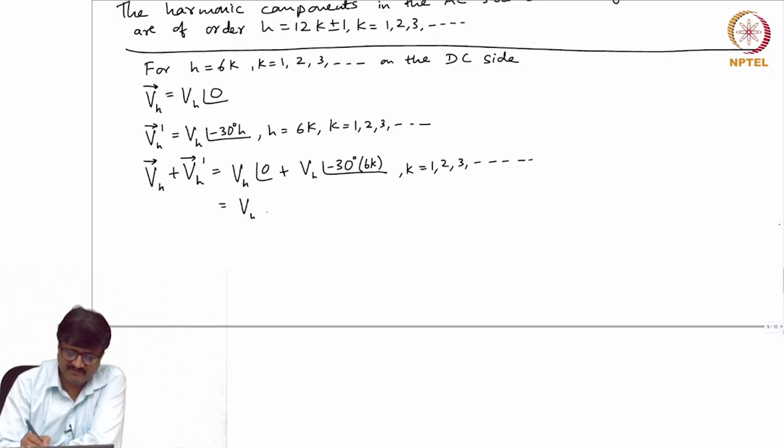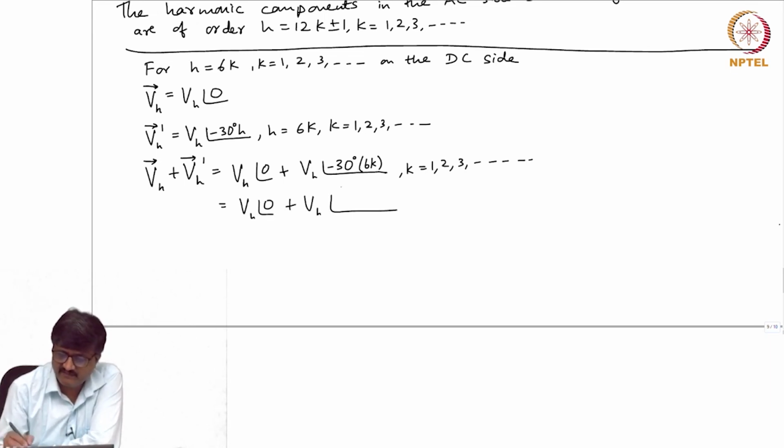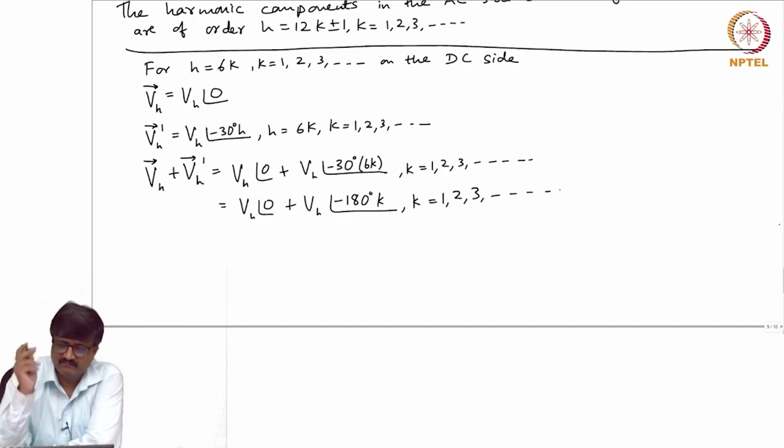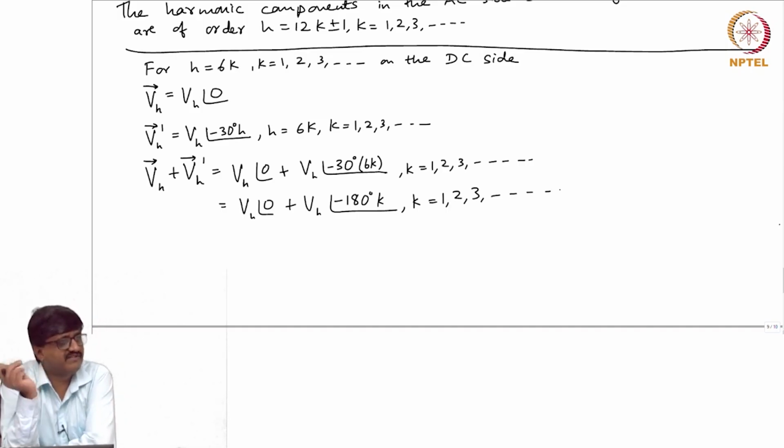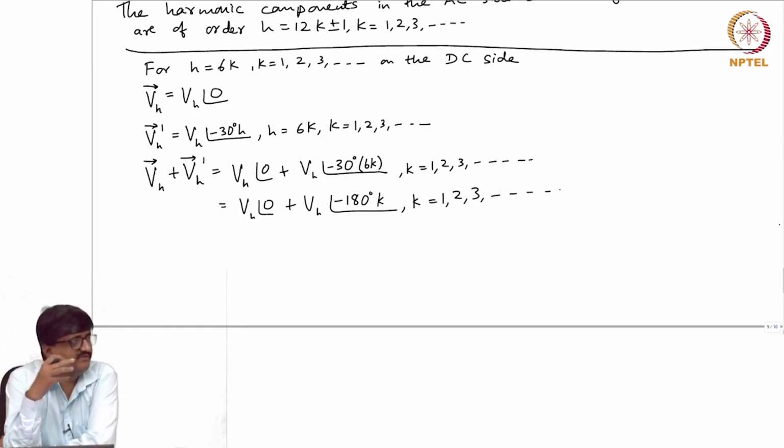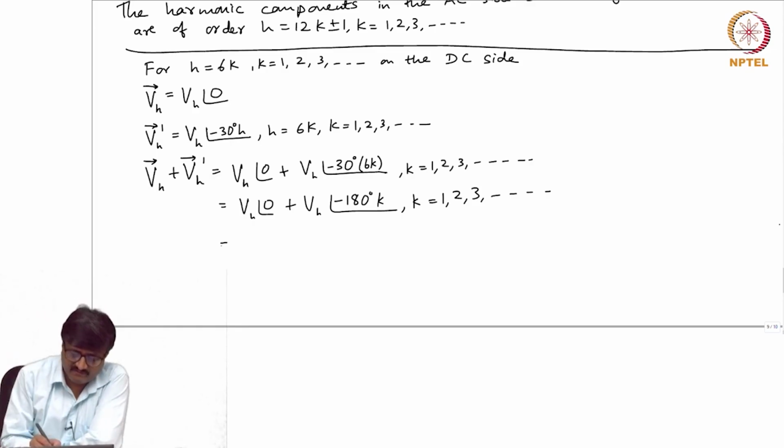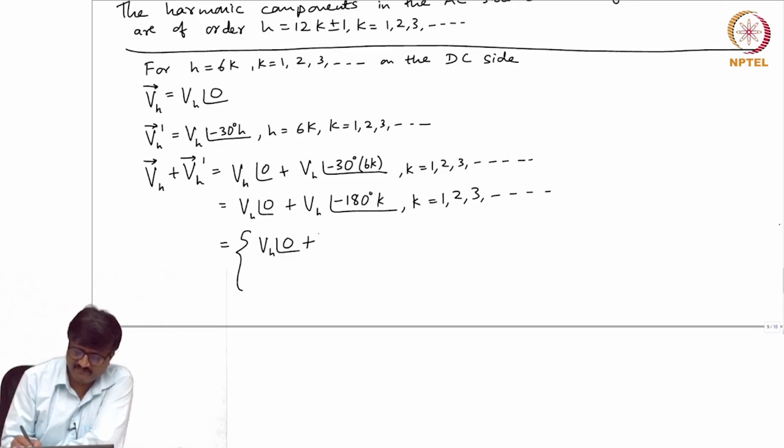So, this simplifies to VH at an angle 0 plus VH at an angle 30 into 6, which is minus 180 degree into k, k equal to 1, 2, 3. How to do further simplification? Split it into 2 special cases, even and odd.